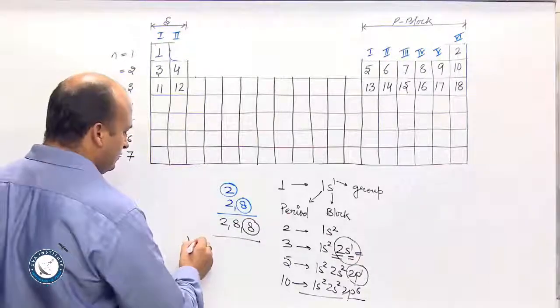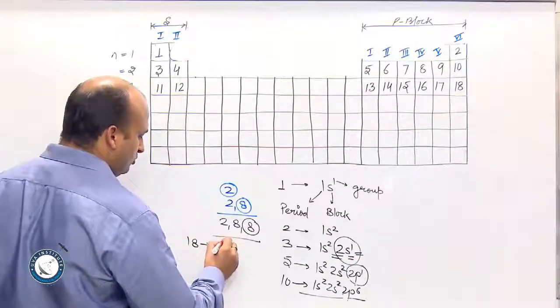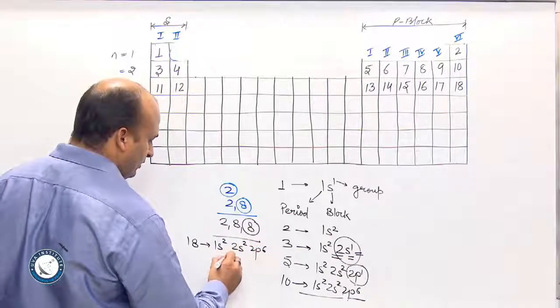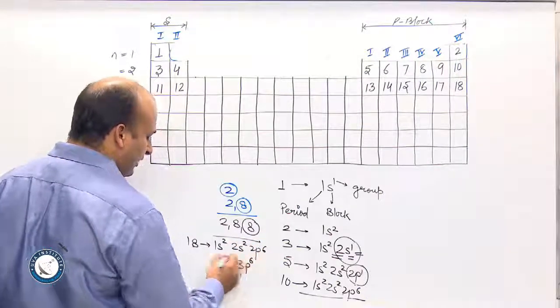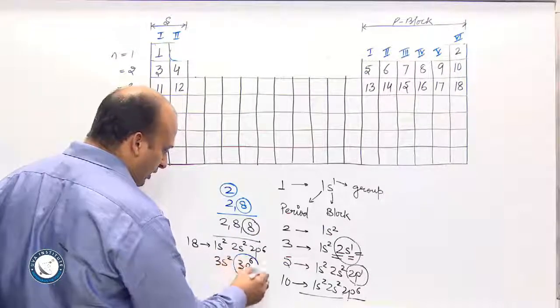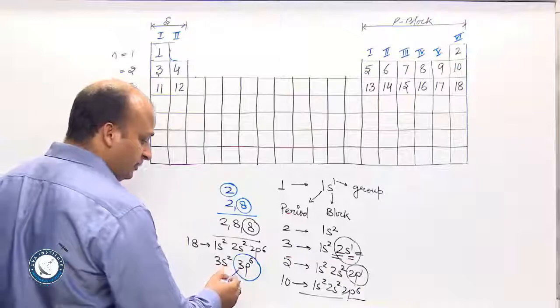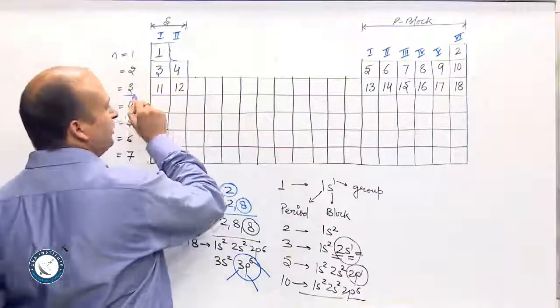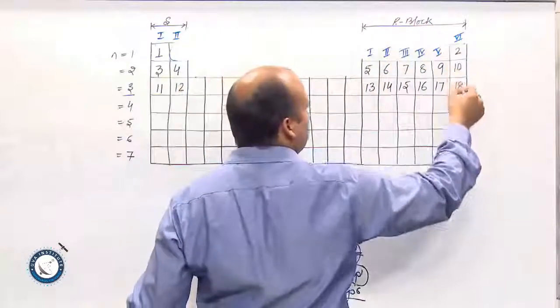And 18 is 1s2, 2s2, 2p6, 3s2, 3p6. And as I've told you people, we have to look at the last one. So, third period P block, sixth group.